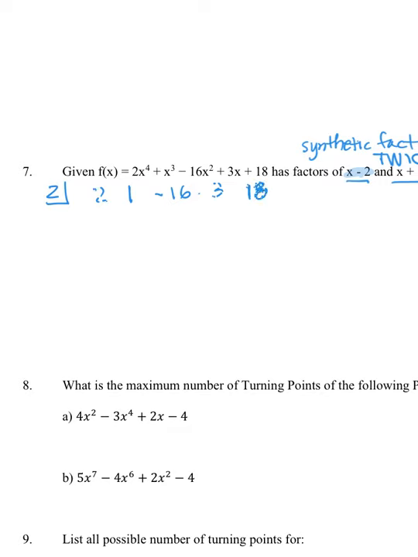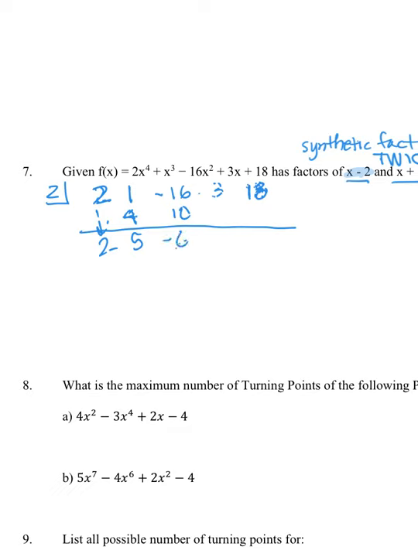If you recall, the 2 comes down. And then we're kind of doing the little diagonal. 2 times the 2 gives us 4. Kind of kitty corner from that 2, add down, 5. The 2 times the 5 gives us 10. Add down, we get negative 6.